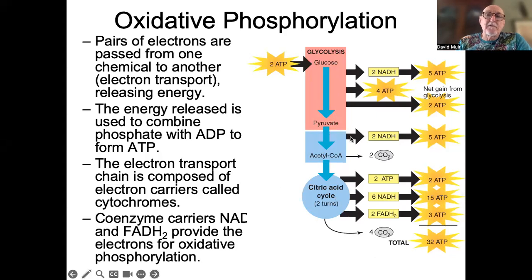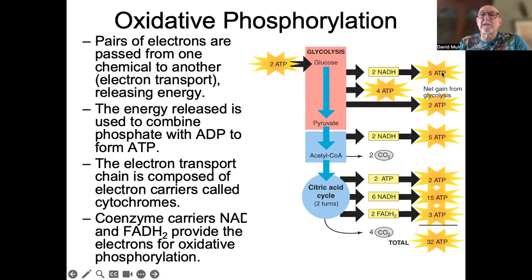The point of all of these was, first of all, to produce a small amount of ATP, but most importantly of all, to produce masses of reducing power. That is, hydrogen electrons carried by electron carriers, which were then donated to an electron transport chain in the process of aerobic respiration. Oxygen is the terminal electron acceptor.